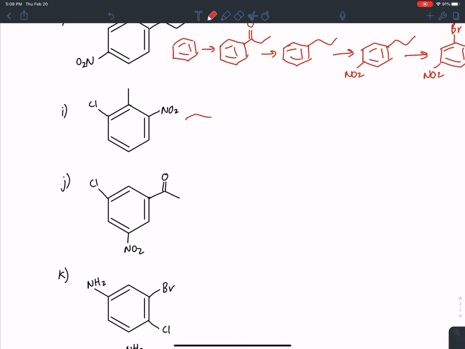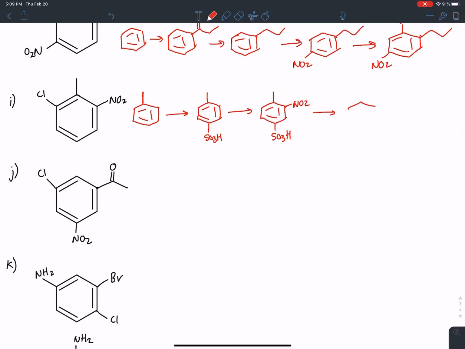And that's what we're going to do here. We're going to start off with the benzene and place our methyl. Then we're going to block the para spot. So next thing we do is SO3H. Next, we can add our NO2 and Cl. So let's say we add the NO2 first. And then lastly, we put in our Cl.